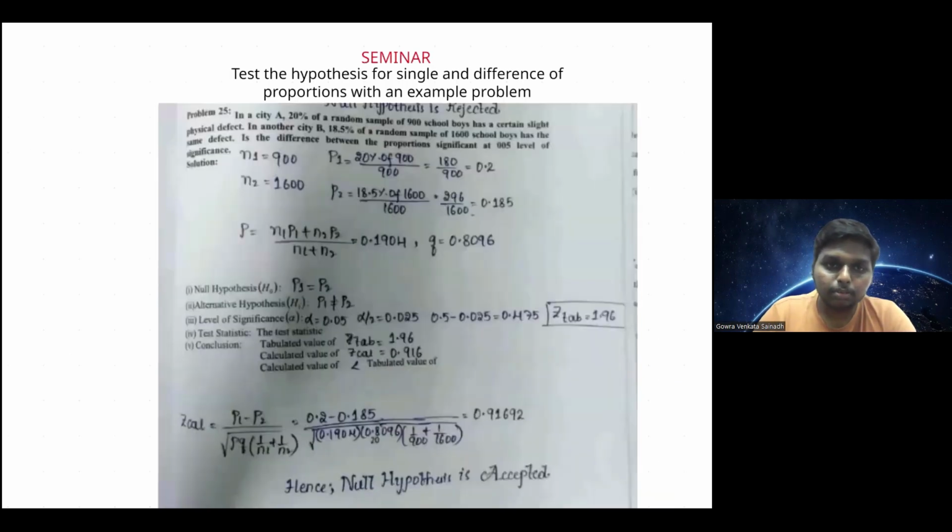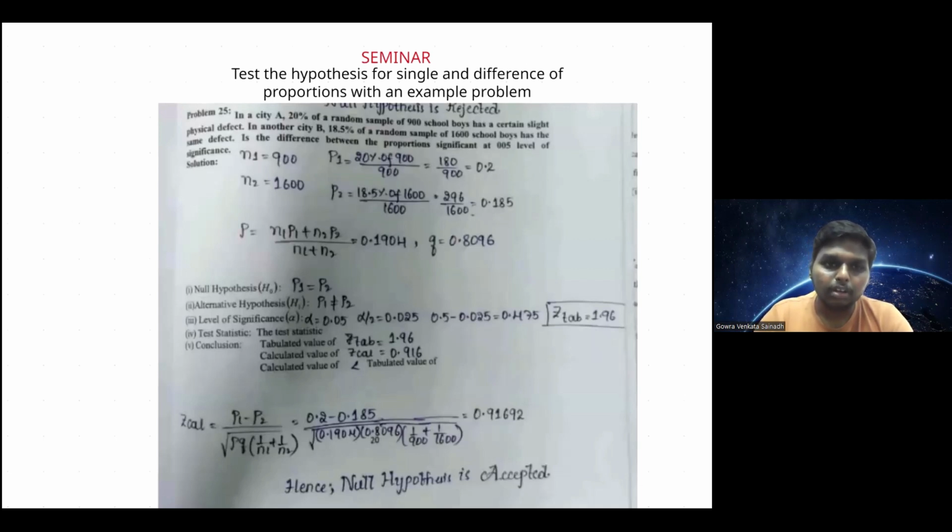Okay, now let's move to the other problem. In a city A, 20% of a random sample of 900 school boys has a certain slight physical defect. In another city B, 18.5% of a random sample of 1600 school boys has the same defect. Is the difference between the proportions significant at 0.05 level of significance?